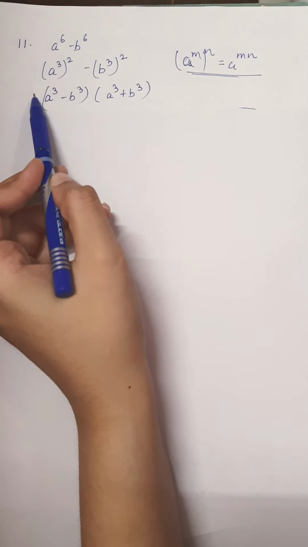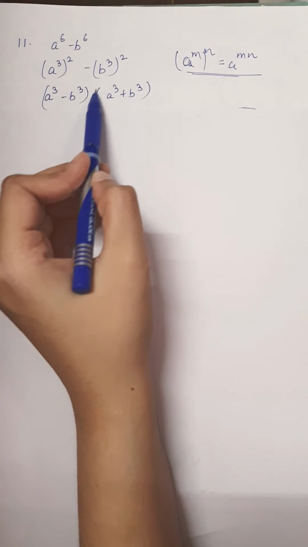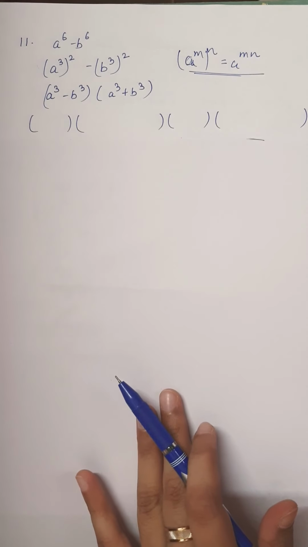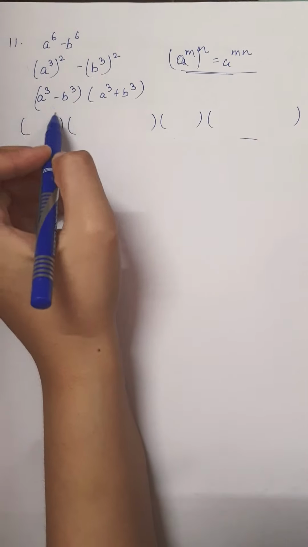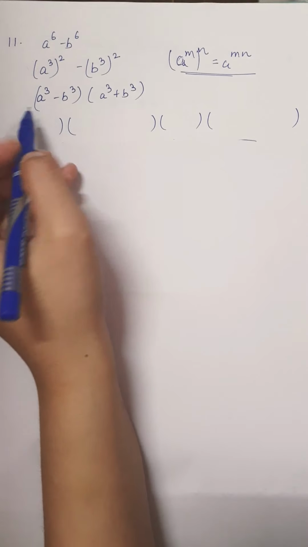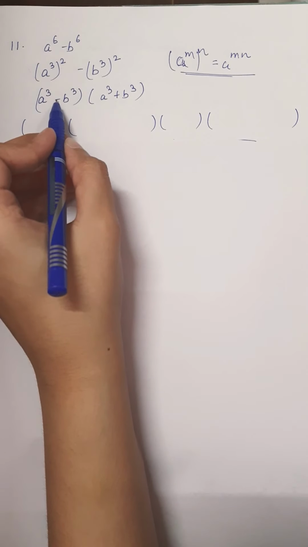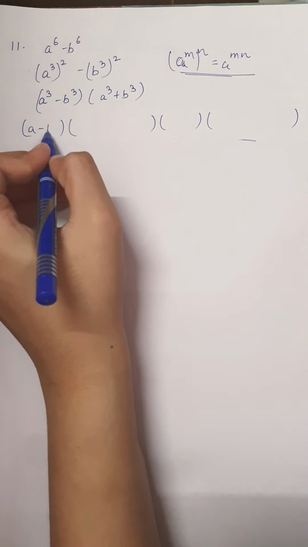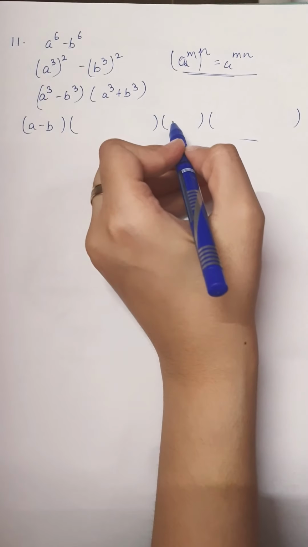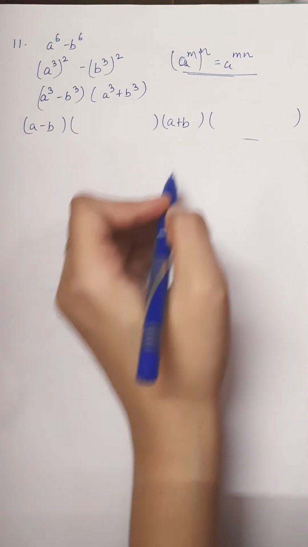Now this and this are following sum of cubes and difference of cubes. This minus identity means a minus b and plus identity means a plus b.